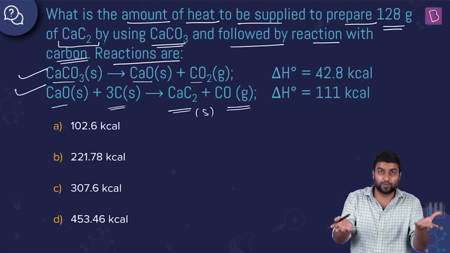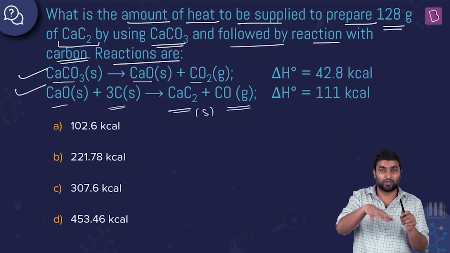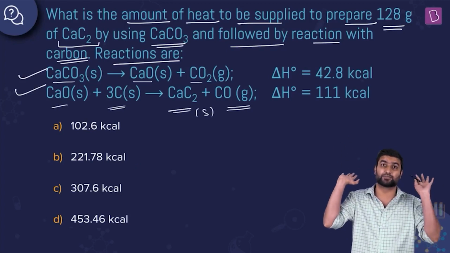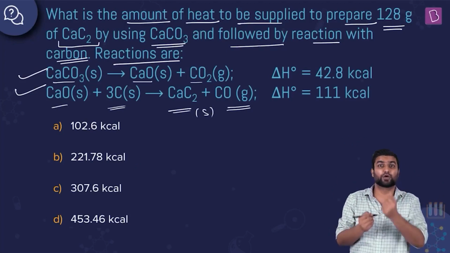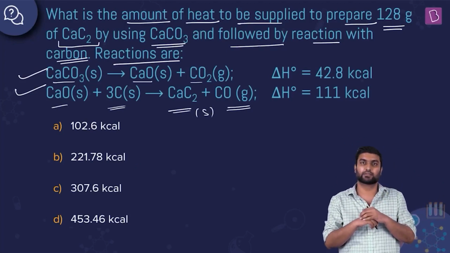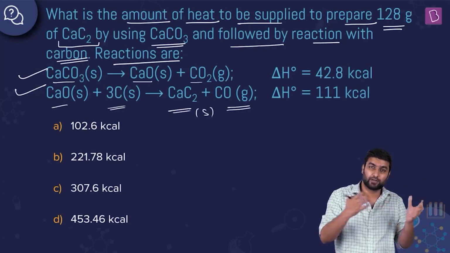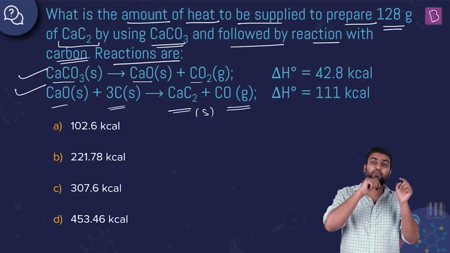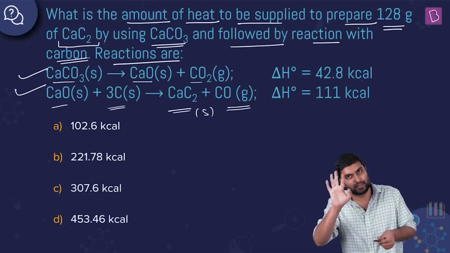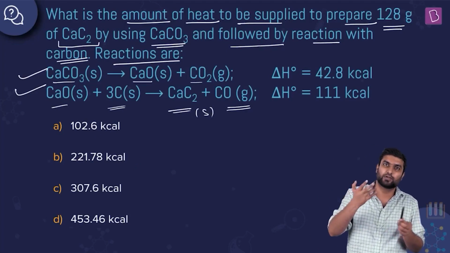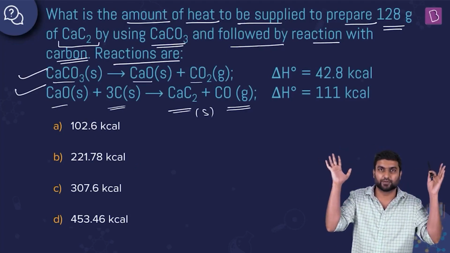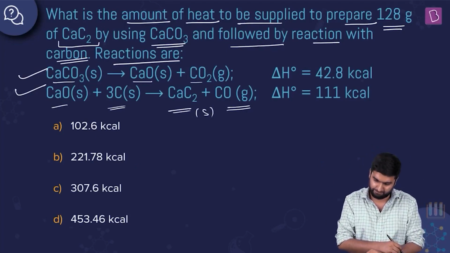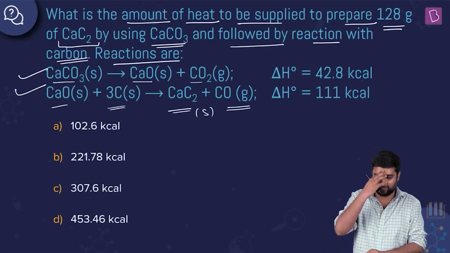If you have an open beaker, you have CaO solid remaining and CO2 gas gets away into the atmosphere. Then only CaO solid is there. Then you take that and you take carbon solid, and you make them react somehow and you get CaC2 solid and CO gas, carbon monoxide gas. That also spreads around in the atmosphere, leaving CaC2 behind. Okay, all right, cool.